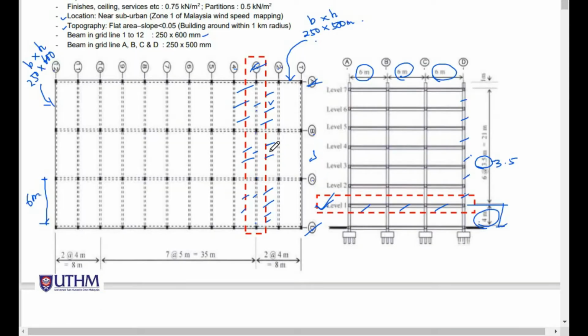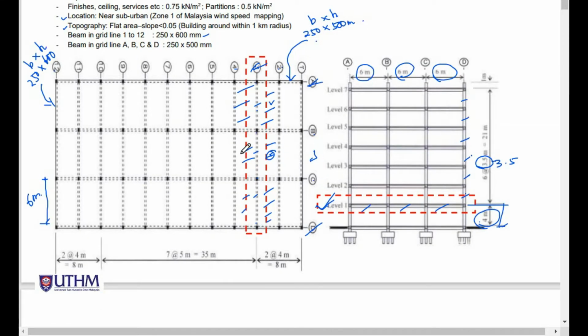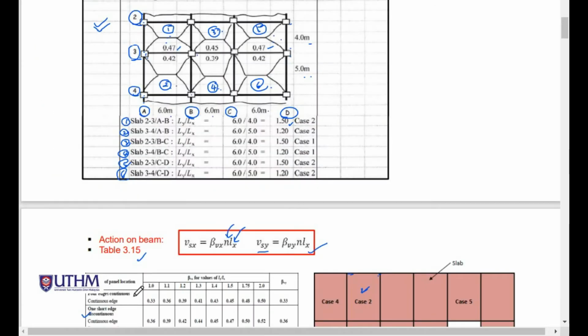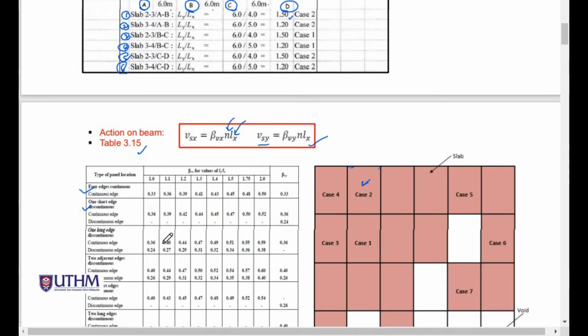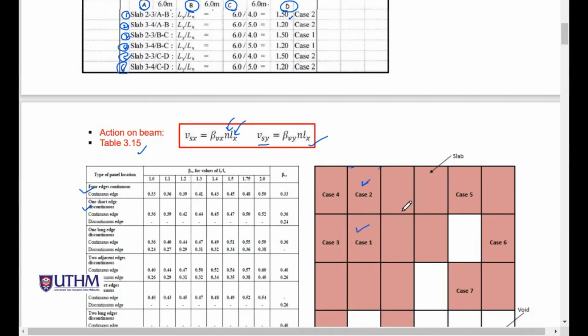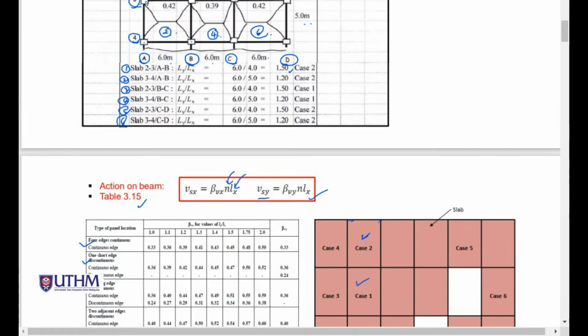Here is slab 3 and slab number 4. They are continuous with other slabs, thus all 4 edges are continuous. Four edges continuous is case number 1.